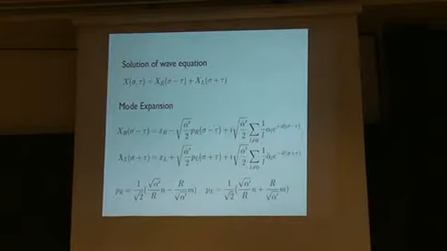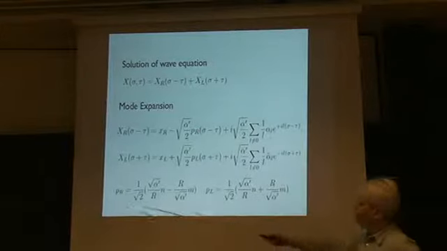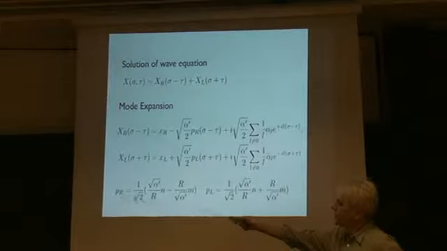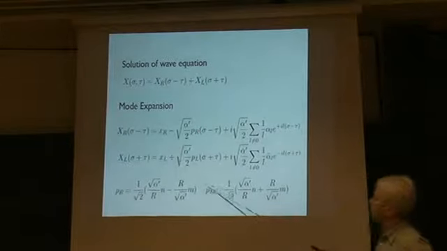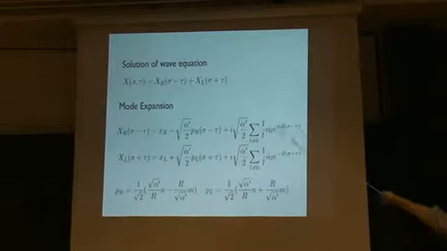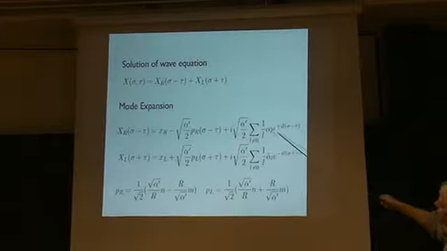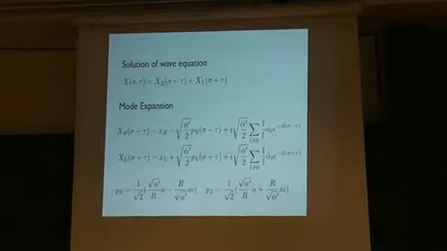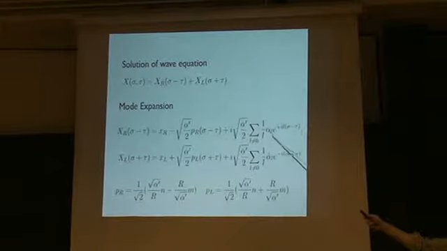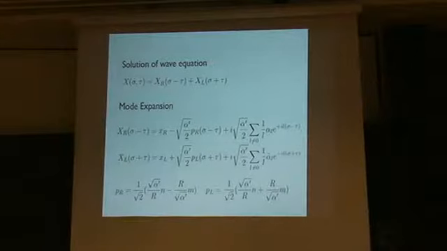And then in quantizing the theory, one imposes conventional quantization conditions between PR and XR and between XL and PL. And each of these alpha L's become an infinite set of harmonic oscillators, where alpha minus L with L positive is a creation operator, and alpha plus L is an annihilation operator.